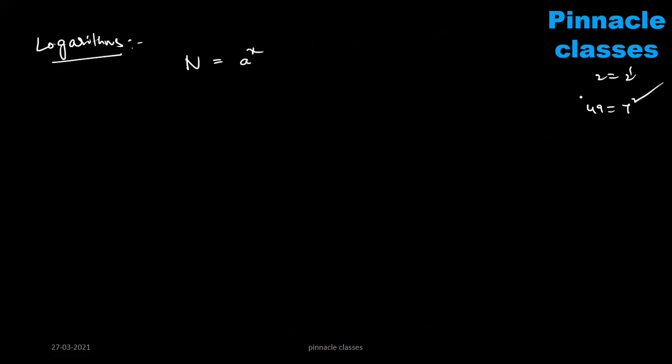You can express in exponential form like that only. So here n is equal to a power x. What is n, dear students? n is nothing but a positive real number. What about a? Here a is also a positive real number.